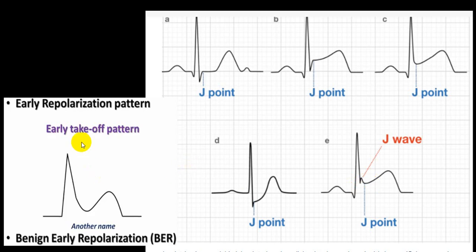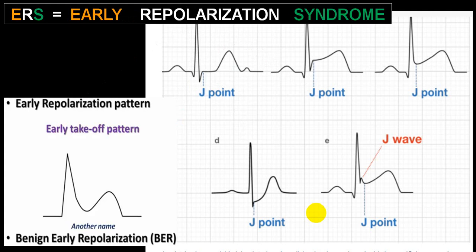So in benign early repolarization, you will see ST segment elevation with J point elevation. And if you see a J wave, it further helps you to differentiate early repolarization from other conditions. And whenever it is symptomatic, we call it early repolarization syndromes.